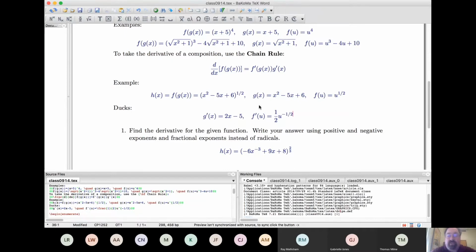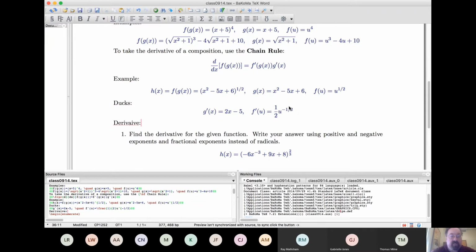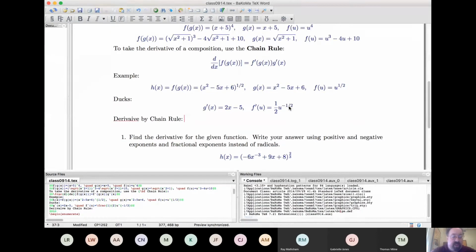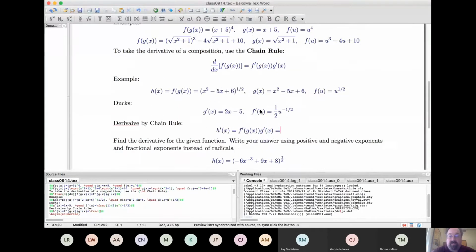So now we use these to come up with the derivative. That'd be h prime of x, since our original function is labeled h. So that's f prime of g of x, times g prime of x.